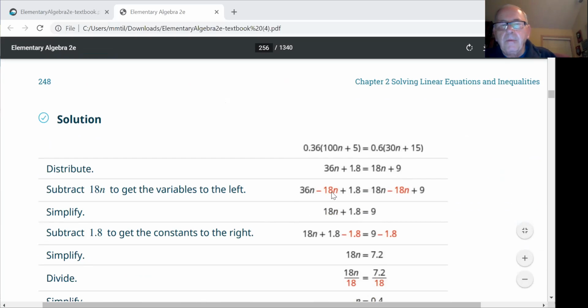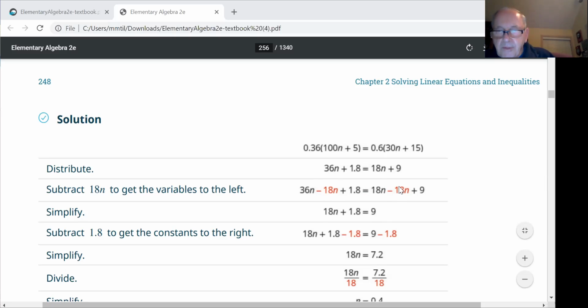Again, you want to get the variable by itself on one side. In this case, since 36n is larger than 18n, you're going to subtract 18n from both sides. On the left-hand side, you've got 36n minus 18n, so it's going to be 18n plus 1.8.